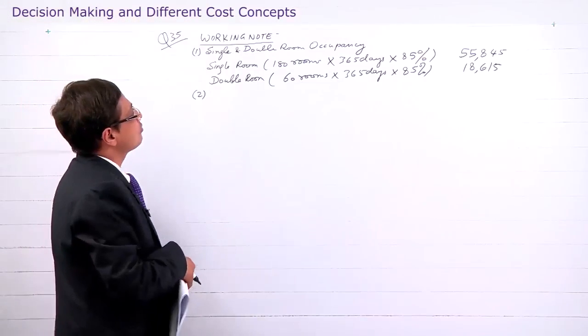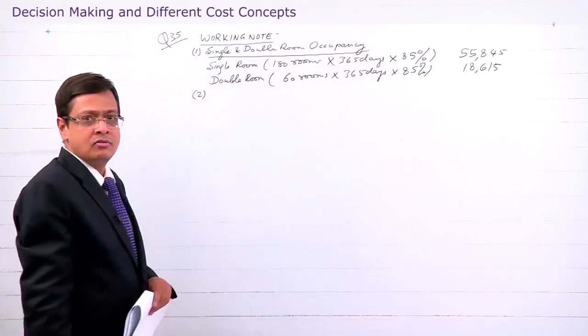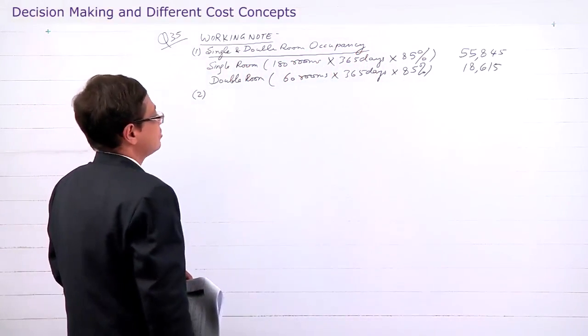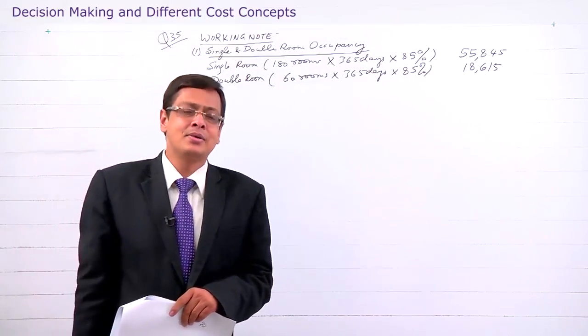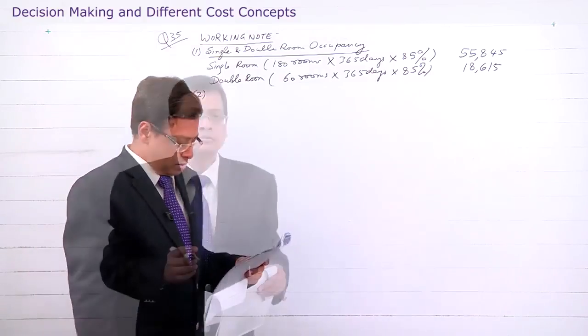What we have got is the single and double room occupancy, solved in terms of 365 days and 85% occupancy of the hotel.